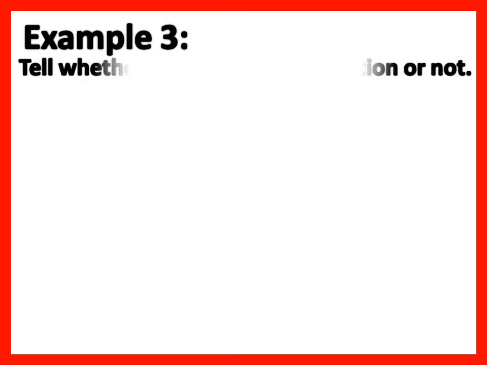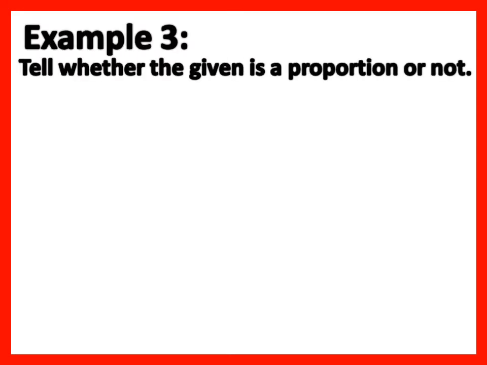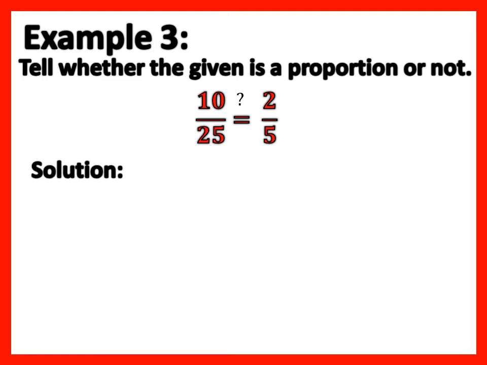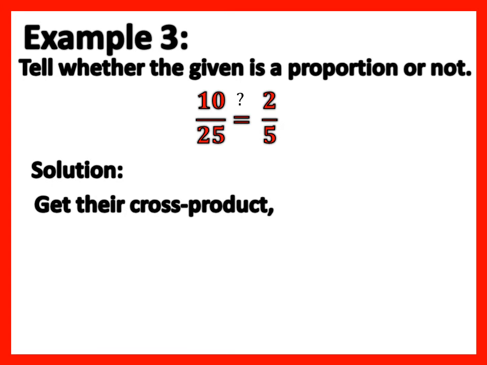Example number 3. Tell whether the given is a proportion or not. So the given is 10 over 25 equals 2 over 5. But we cannot say that they are really equal. So for our solution, we need to get their cross product. To get the cross product, we will multiply 10 and 5. 10 multiplied by 5 is 50.